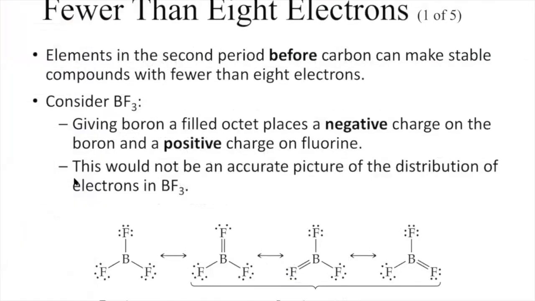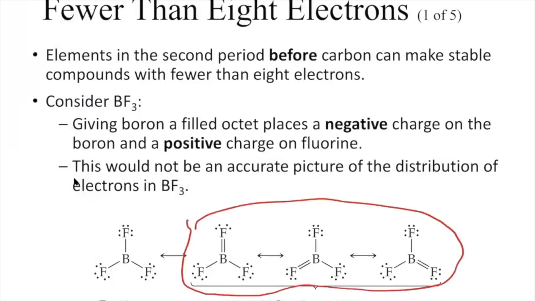So notice here we have boron trifluoride. You can also draw it in this form, which has resonance. Unfortunately, it's not as important, or it's not going to be showing us as much, because boron prefers just to have 3 bonds around it, 6 electrons.